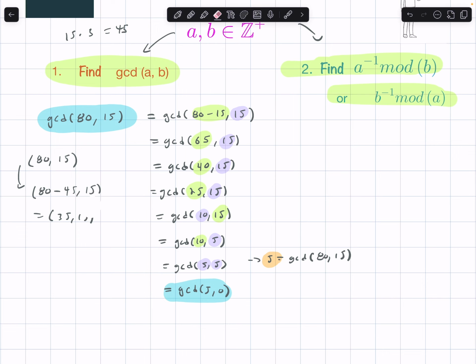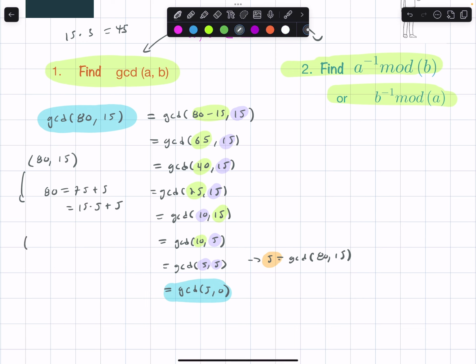What if, though, I just noticed that I could do this in one step by noticing that 80 is equal to 75 plus 5, which is 15 times 5 plus 5. So in this case, what we're doing is replacing 80 with 80 minus 75, and that's 5 and 15.